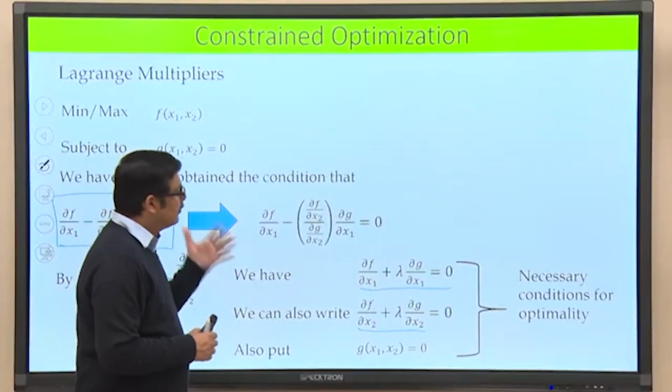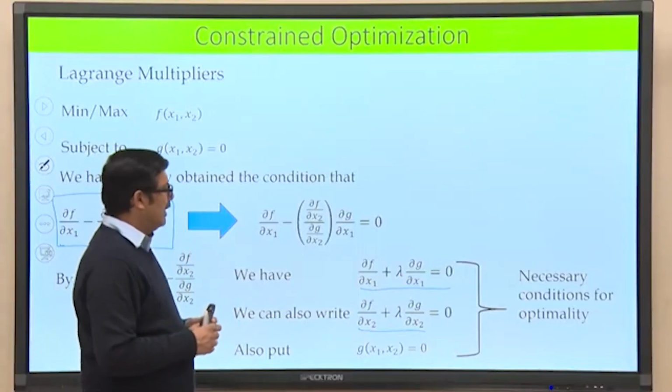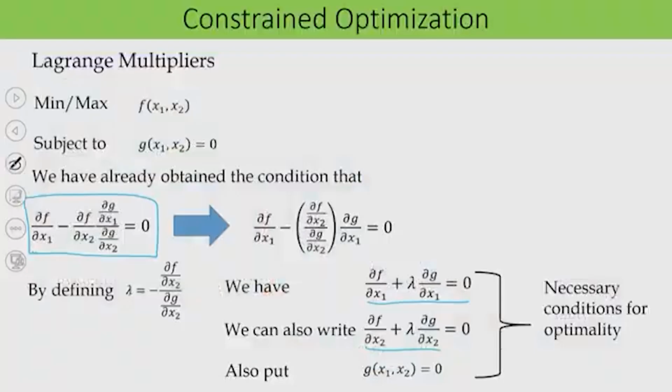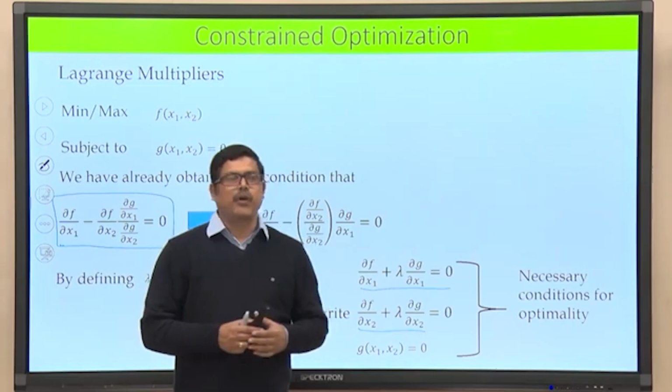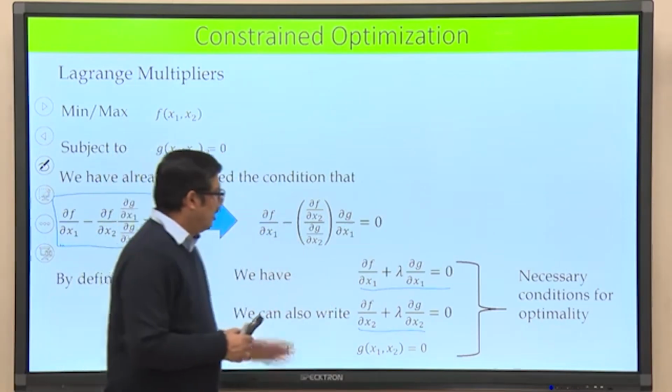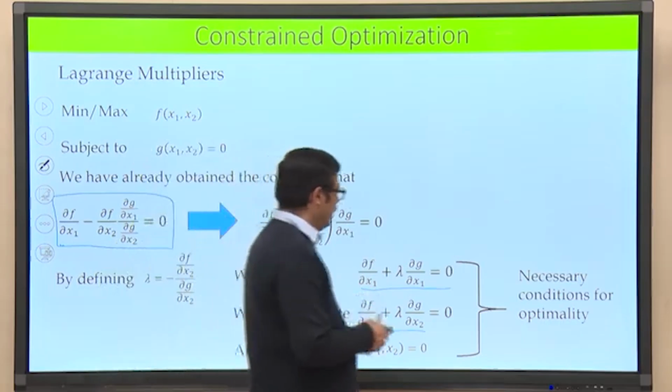Therefore, I can solve these three equations and find the values of x 1, x 2 and lambda, and whatever solution you get will be the stationary point of this particular function.